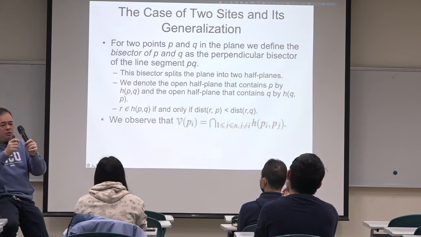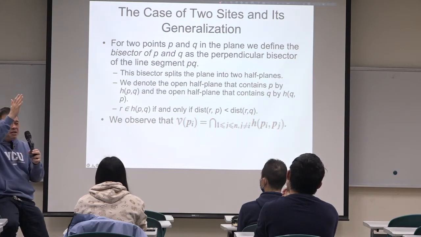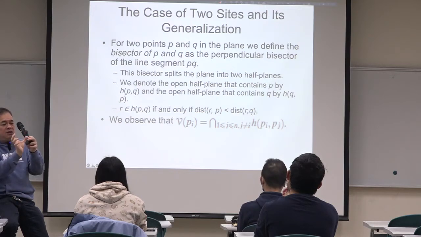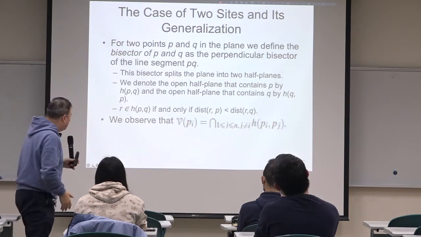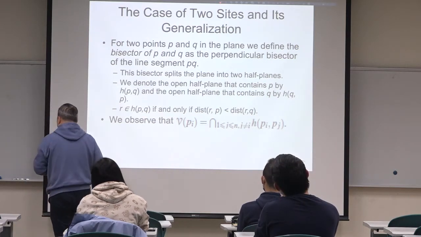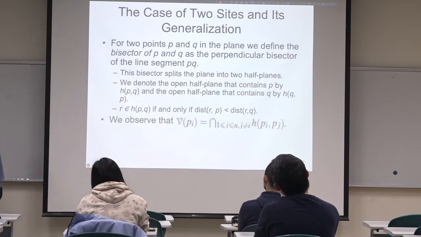You can just draw a bisector which is perpendicular to the line P1, P2. That will be your Voronoi diagram.